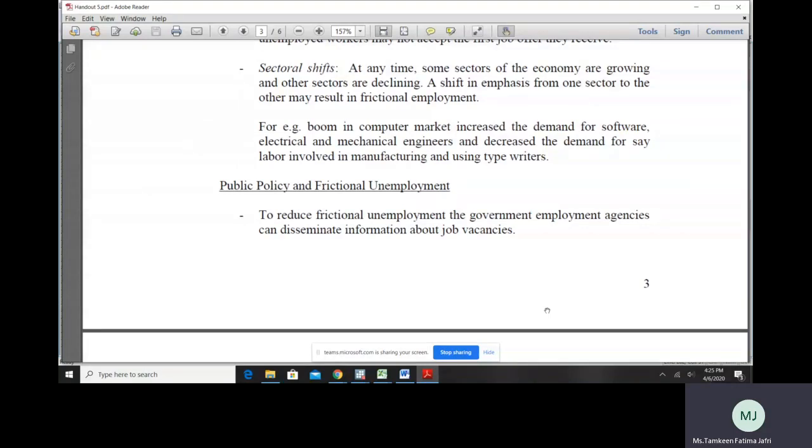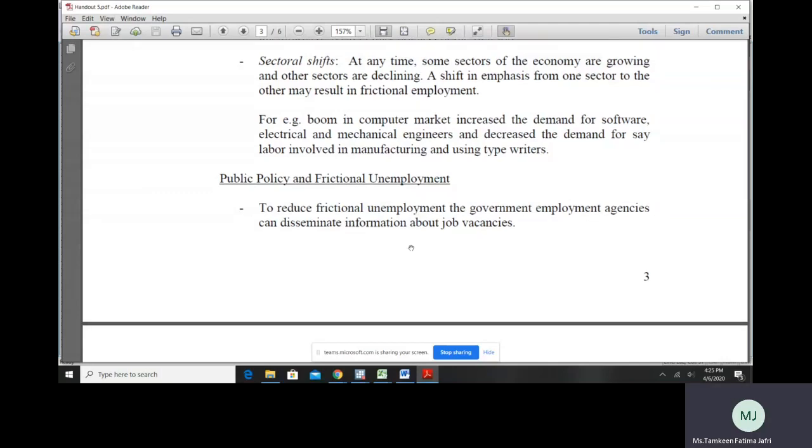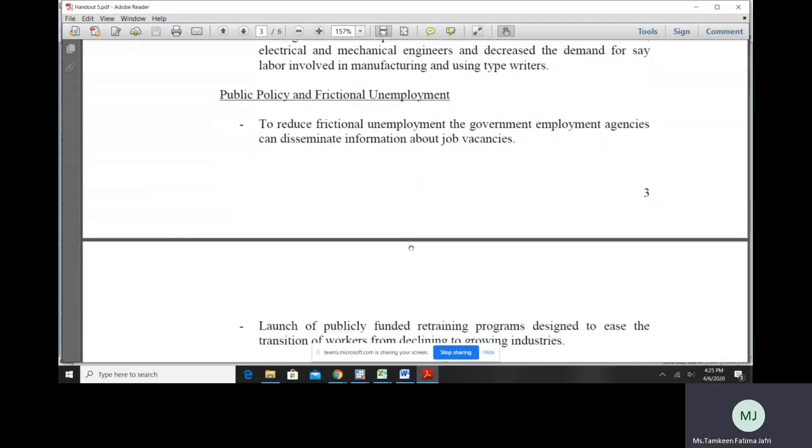So one way to reduce frictional unemployment is that the government employment agencies should disseminate information about job vacancies more efficiently. या आप टेक्नोलॉजी का इस्तेमाल कर सकते हैं because of use of technology, because of softwares or links such as LinkedIn है, और भी बहुत सी जॉब पोर्टल्स हैं जहाँ से अब इंफॉर्मेशन डिसेमिनेशन का प्रोसेस है ना, that has actually quickened and become more efficient. So hopefully that should decrease frictional unemployment in the economy.